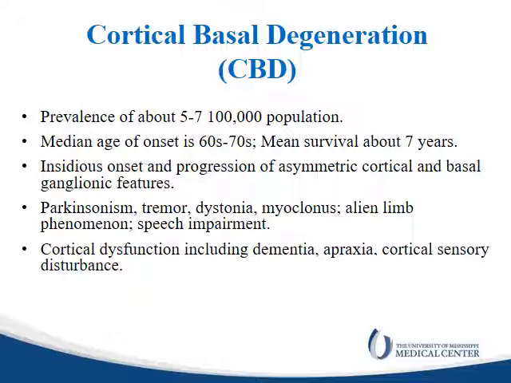Remember, CBD can present very asymmetrically, typically including asymmetric Parkinsonian features, asymmetric tremor, dystonia, or myoclonus. Because of significant cortical dysfunction, patients can present with the alien limb phenomenon.